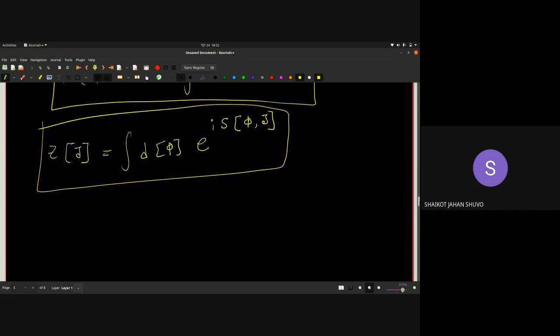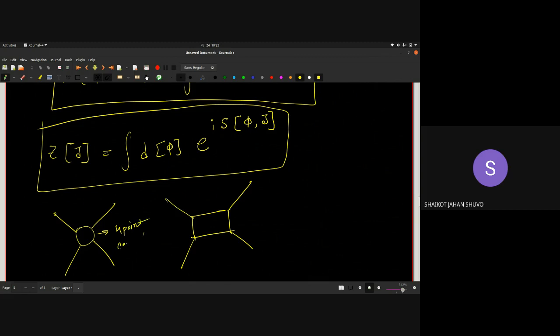In quantum field theory, let's say you are interested in some 4-point functions that consist of a loop. You might consider a graph like this. This is called a 4-point correlation function. I'm not going to explain what these are, maybe someday else, or in another course, but not in this course.